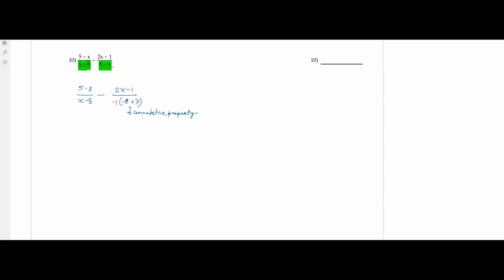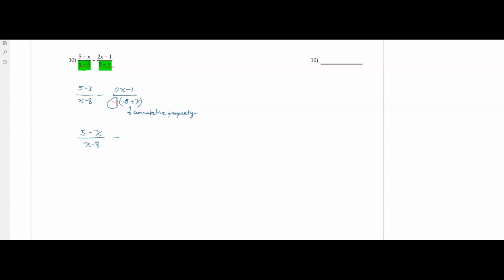right? And we write the next line as 5 minus x over x minus 8 minus, so here we have to be a little bit smart here, because that negative really makes the whole expression negative. So that negative 1 makes this whole rational expression negative.